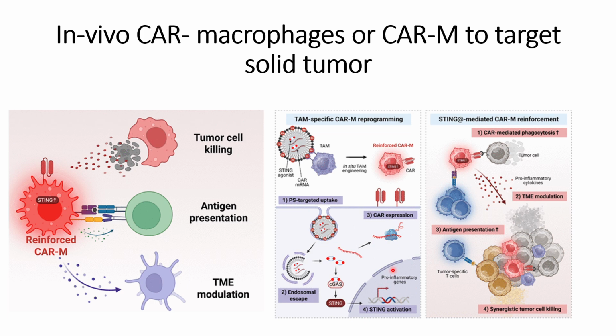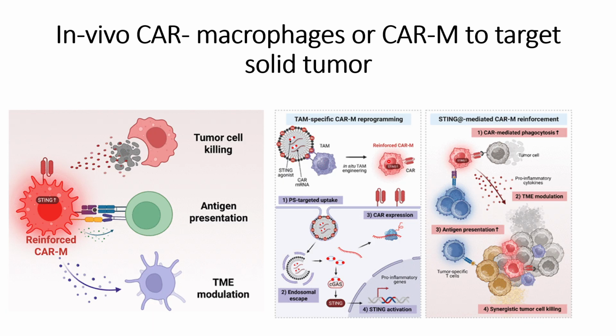It will lead to epigenetic changes that will cause the pro-inflammatory genes to be released. At the same time, the other mRNA, the CAR mRNA, is expressed on the cell surface. So this in turn will lead to tumor-associated macrophages with the reinforced CAR.